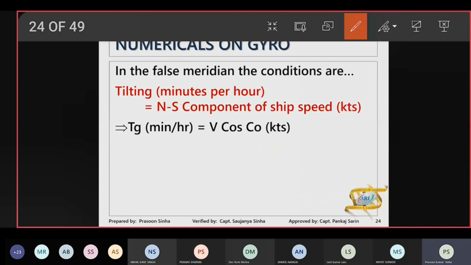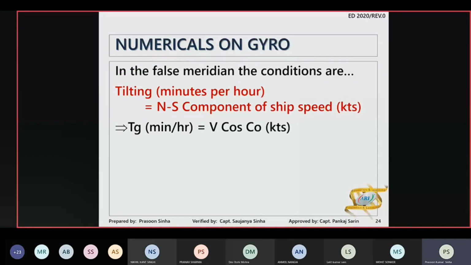So the apparent tilting which is happening is because of the ship's motion, in which there is either a northerly or southerly component.